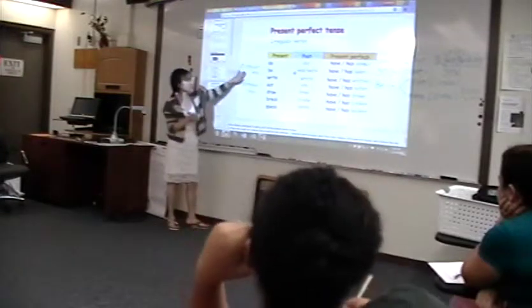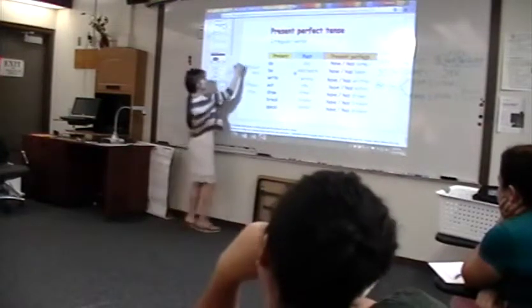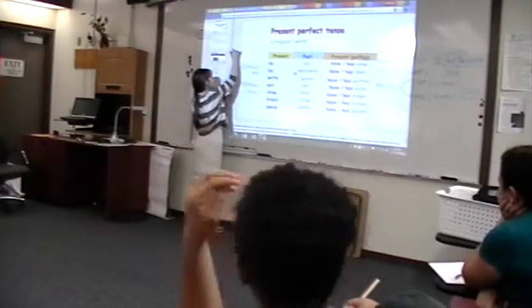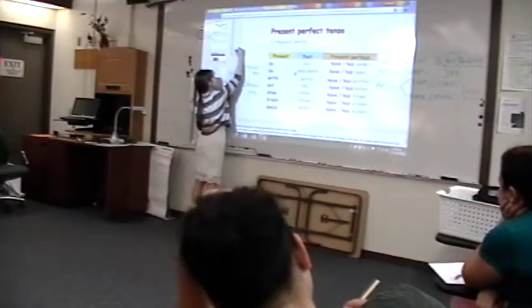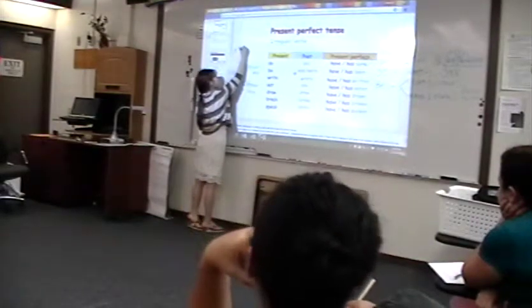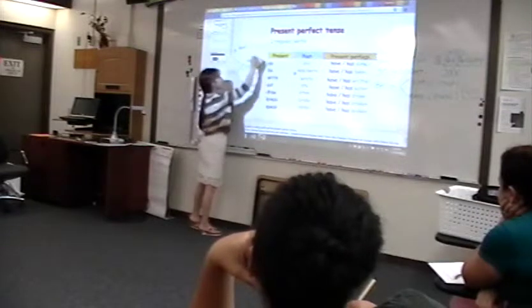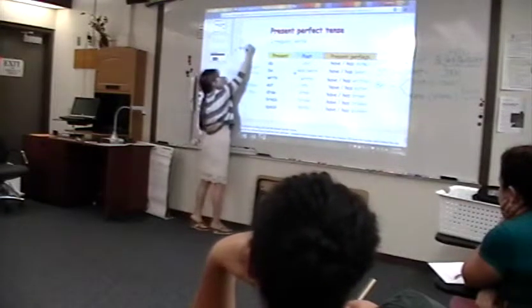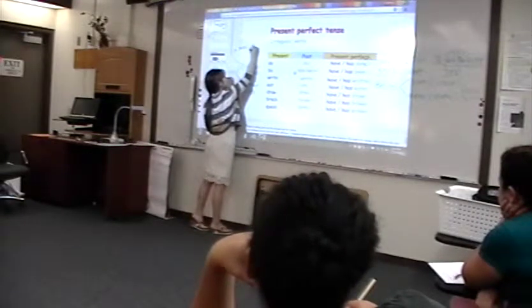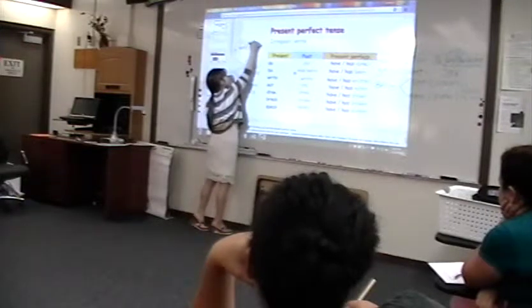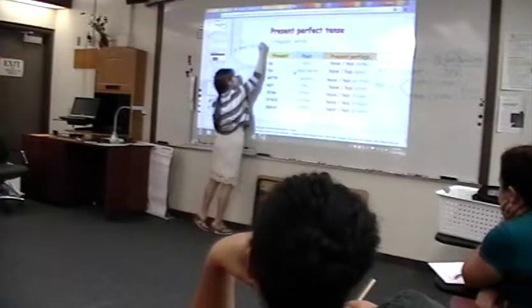Regular verbs have a base form of the verb, which is verb number one, and then they just put ed at the end for the second and third verb.